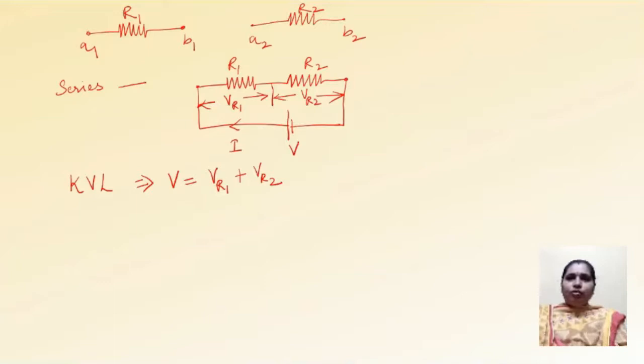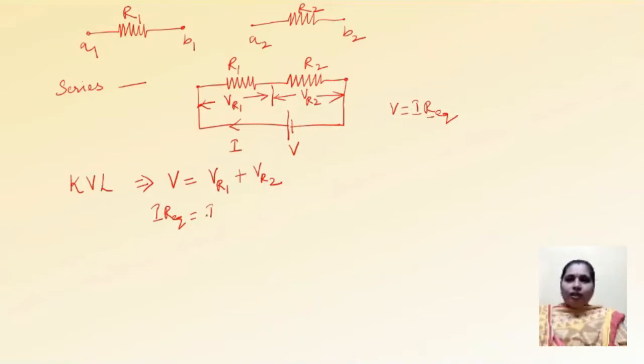Okay, so to find V, we can also define it as V equal to IR. Here R is not simply R, it is a combination of R1 and R2. So let us define that R as R equivalent. So I into R equivalent. As the same current is flowing, I am taking I in all the places instead of I1 and I2.